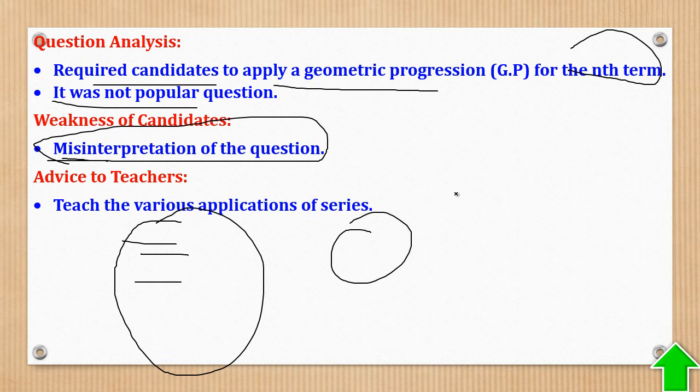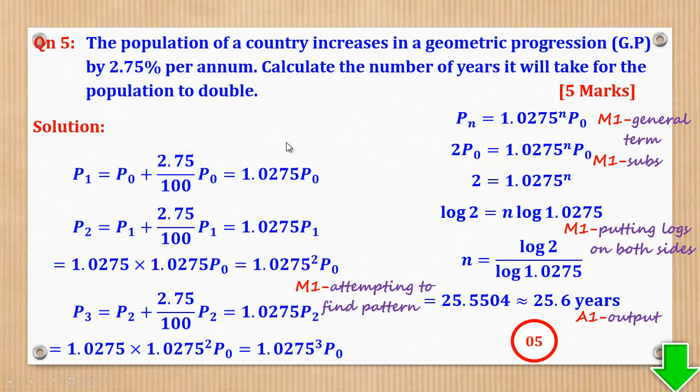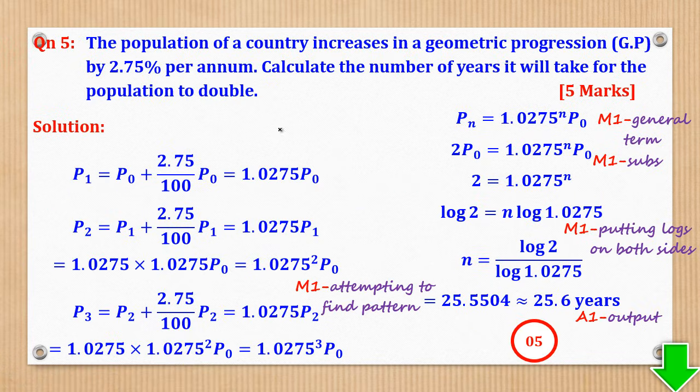But ideally, even if you don't do that, as long as you know the nth term of a GP, you can easily do it. Because let me show you how. The nth term of a GP is a r to power n.